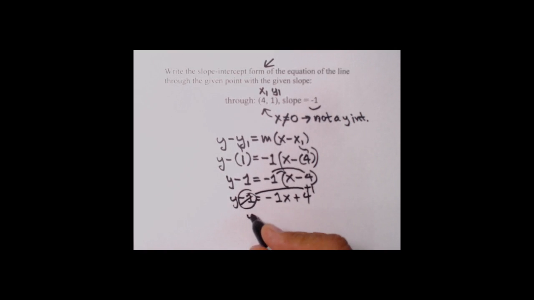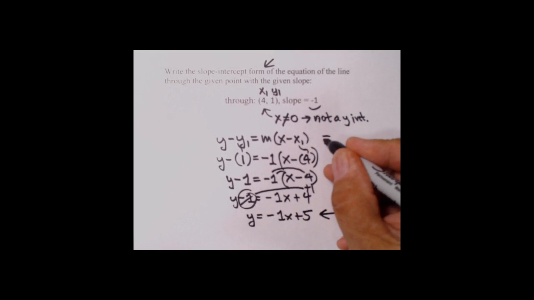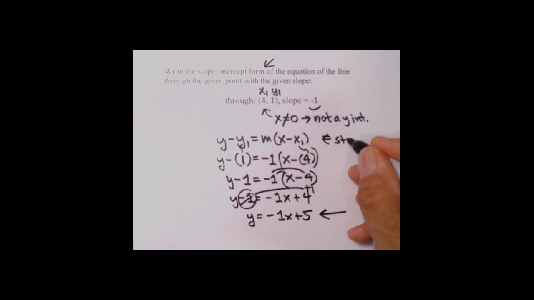That means I've got y equals negative 1x plus 4 plus another 1 will be plus 5.